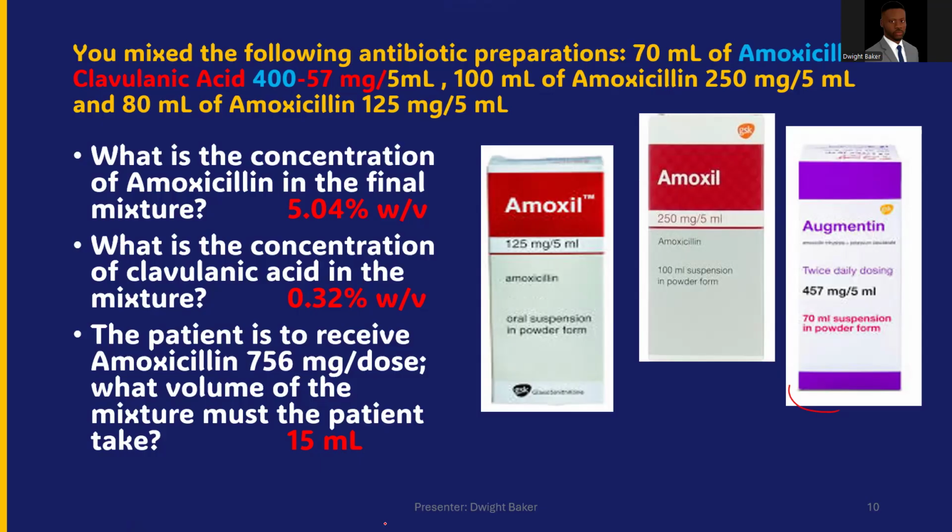If you mix them together, you need to make sure that you're mixing similar brands. Okay. And that when you're mixing, you understand exactly what that resulting concentration is going to be at the end, so that when you're writing the labeling information, you're writing the appropriate information for the patient.